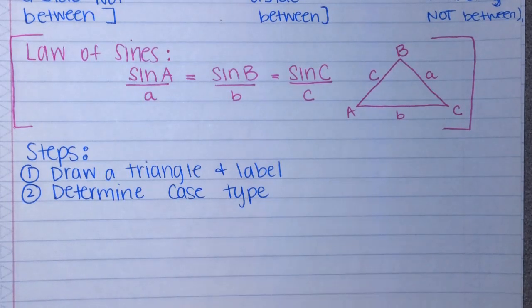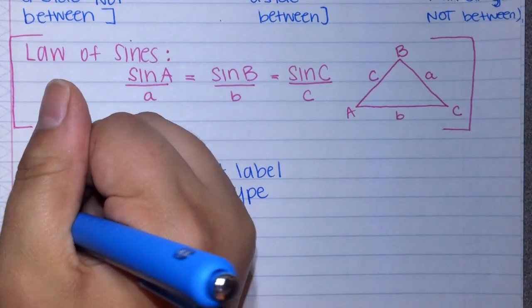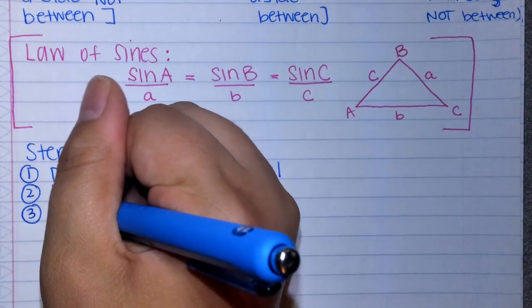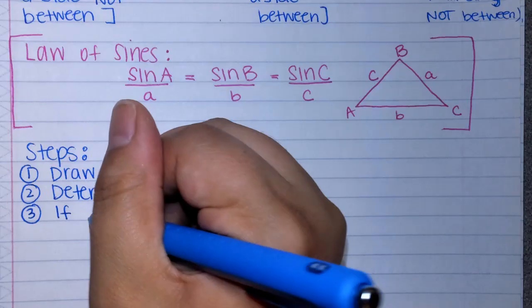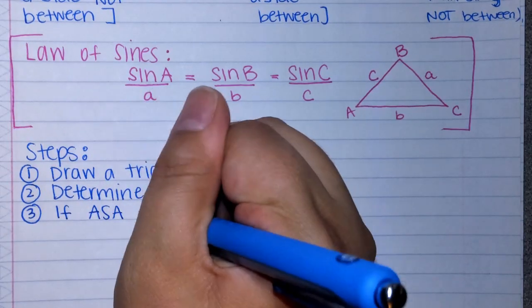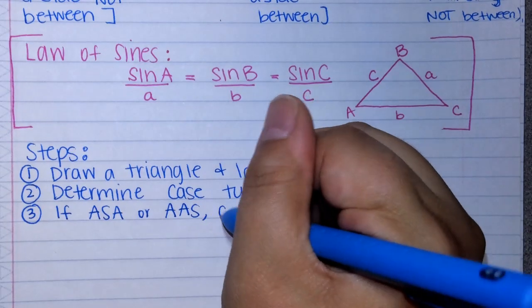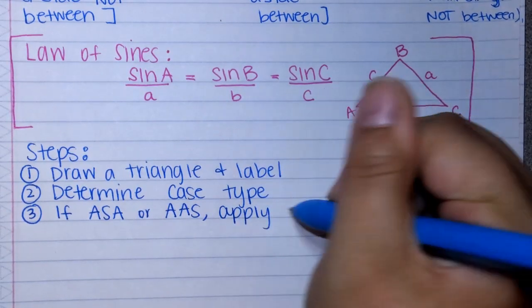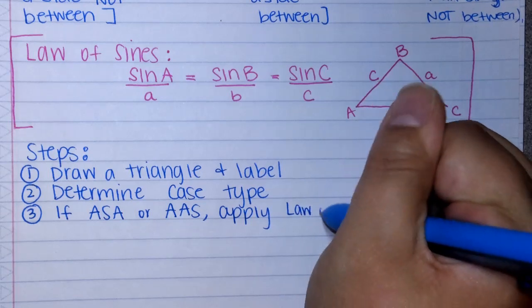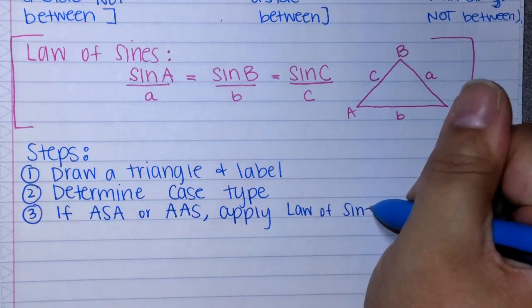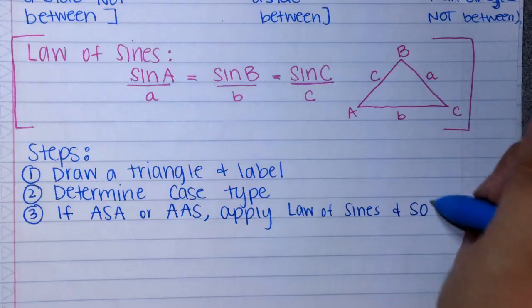But determine the case type. And step 3, if your case type is ASA or AAS, you are going to apply the law of sines and solve.